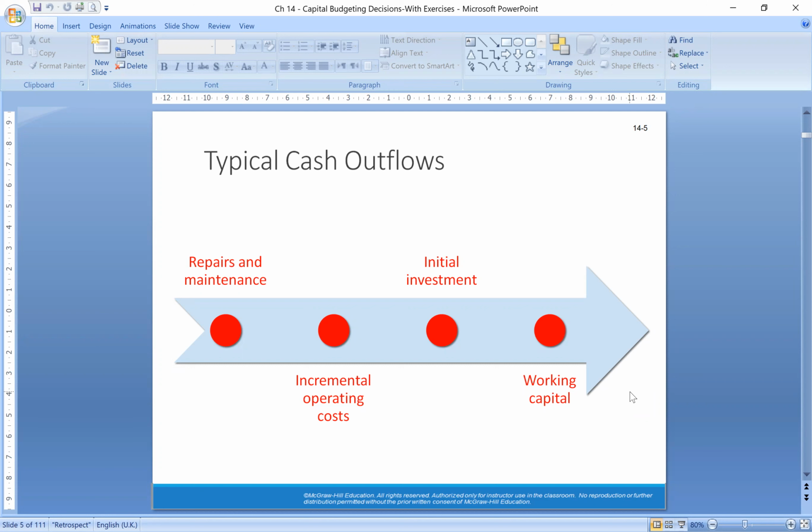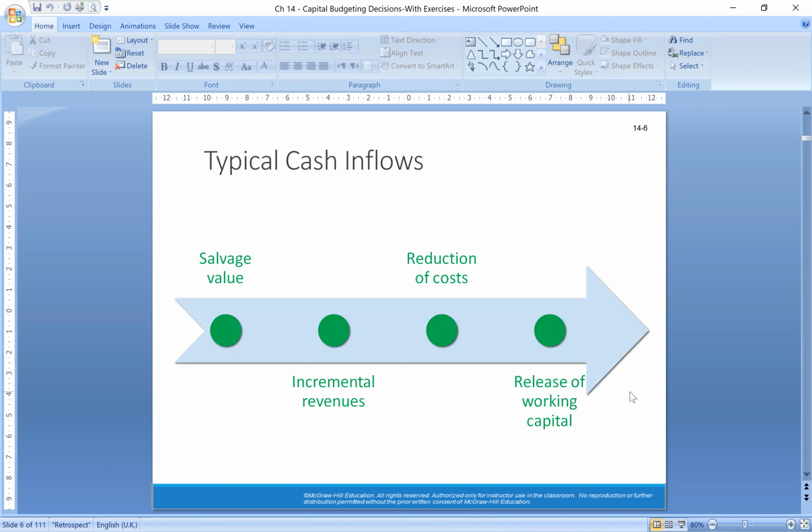So cash inflows are the cash that I'm waiting to receive, and outflows are the cash that I have to pay for the project. Some examples of the inflows: salvage value is an inflow. What is the salvage value? It is the market value of the asset at the end of its useful life.